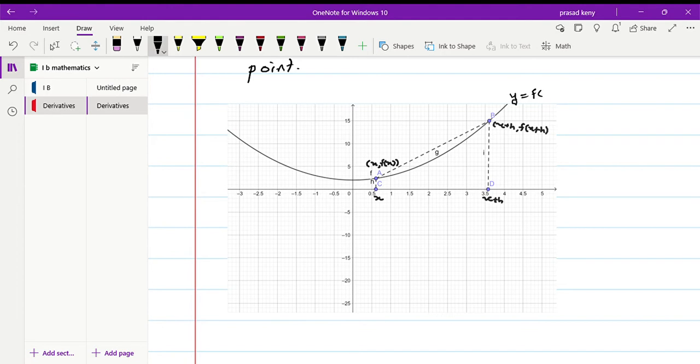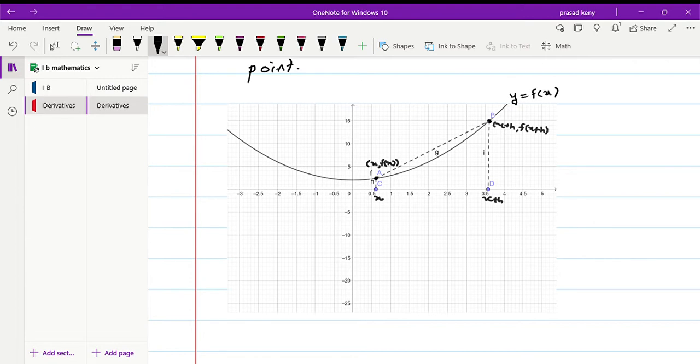Now on this curve, I am taking 2 points here. One point is A, another point is B. Now x coordinate of A, let's say x. Then what are the coordinates of point A? x, and y coordinate is f(x) because the function is y is equal to f(x).